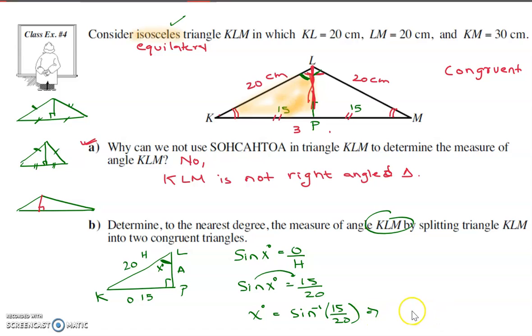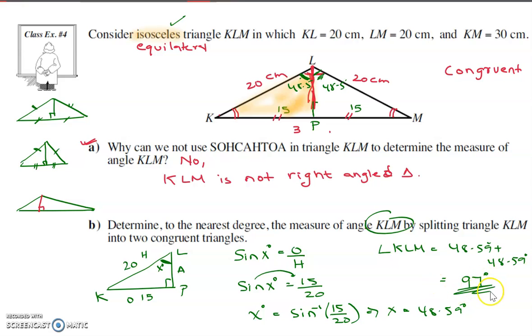So X will come out to be 48.59 degrees. You have two of them, so angle KLM is 48.59 plus 48.59 degrees, because there's 48.59 here and 48.59 here, or you can multiply by 2. Altogether it should come out to 97 degrees. So that's my final answer here.